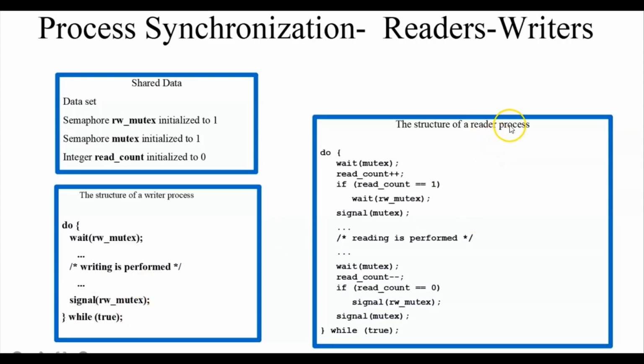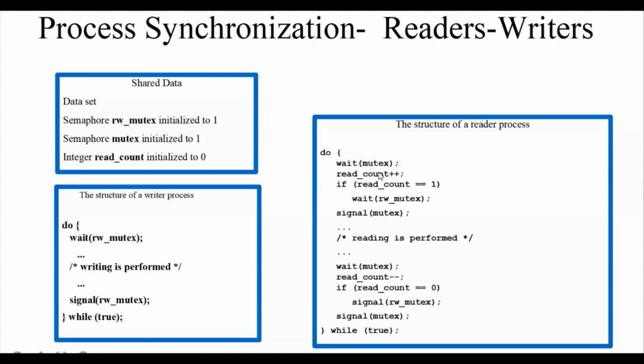The code of the reader process is quite interesting. As we have already discussed, n number of reader processes can be reading simultaneously. So in order to keep track of the number of reader processes, we are using a variable called read count. This read count variable is a shared variable between the reader processes.